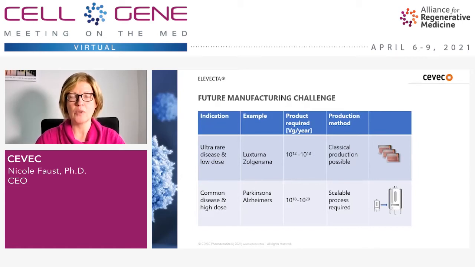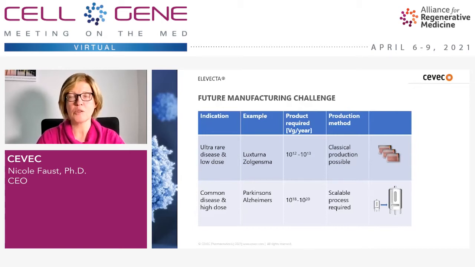However, when we look at therapies currently in clinical development, targeting common diseases like Parkinson's and Alzheimer's, and therapies that might have to be applied at very high doses per patient, these numbers multiply very quickly by a factor of 1,000,000 or more, which means the classical production methods are not applicable to meet market demand, and scalable processes are required.